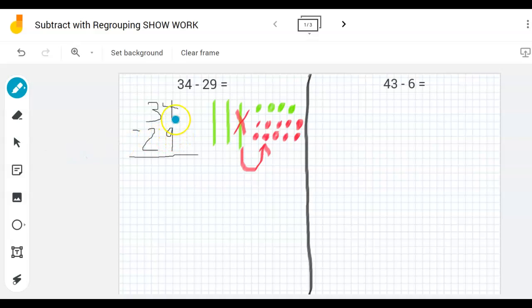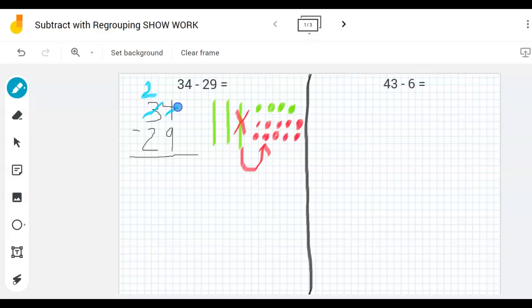So first we went next door and we took one of these tens. So if we have 3 tens and we take one, we're left with 2 tens, as you can see in the picture. And now I don't have 4 ones. What I'm going to do is take this 10 over here to the ones place and I'm going to add it to the number that I have.